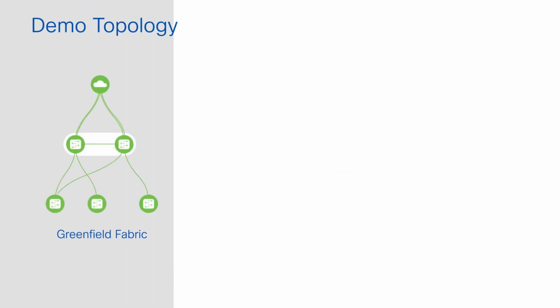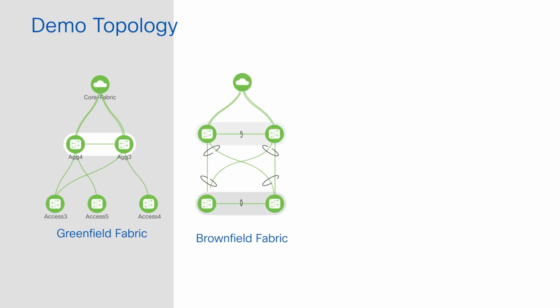So in the demo topology, we have one fabric which is considered a greenfield fabric. We'll bring it up from scratch, where we have our access and aggregation switches, and we have VPC in the aggregation layer. The access switches are either single attached or dual attached to the aggregation. So that's what we bring up from scratch. We also have an existing fabric, a brownfield fabric.